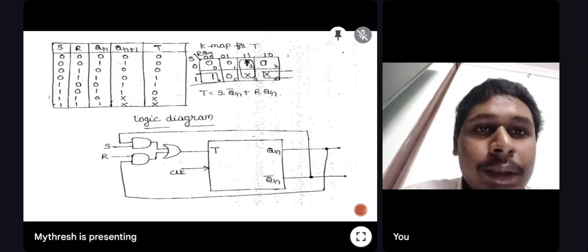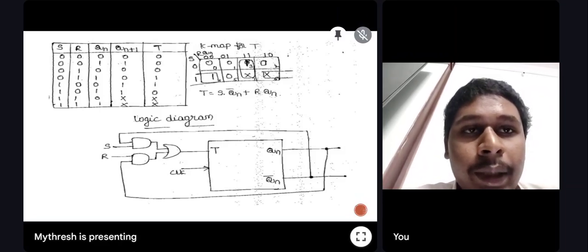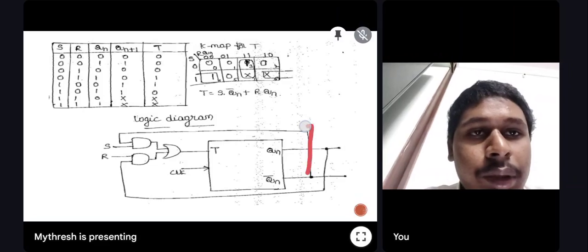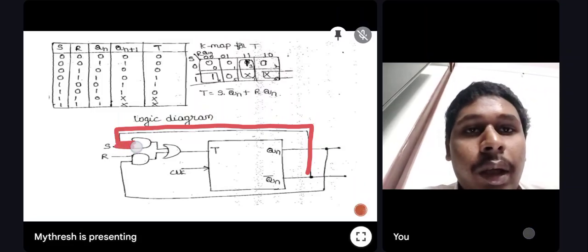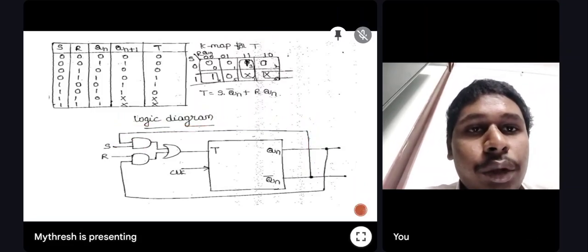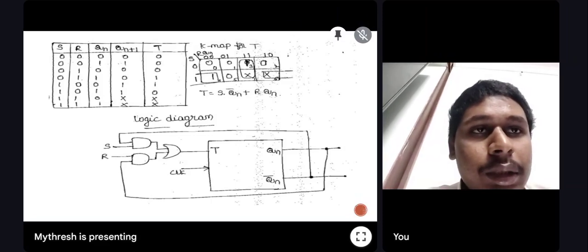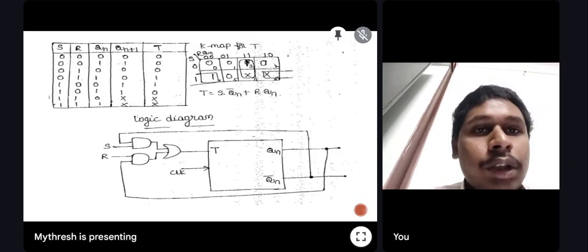The SR inputs are to be converted, so from here you will take it like this and put it to the gate, and connect S, similarly R, and we will connect this link directly to T like this. So we got the logic required.